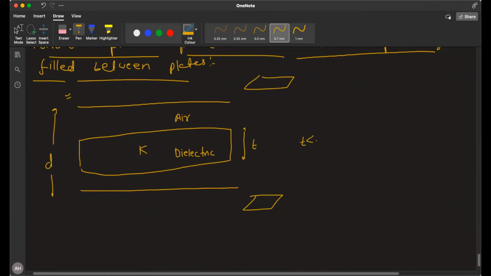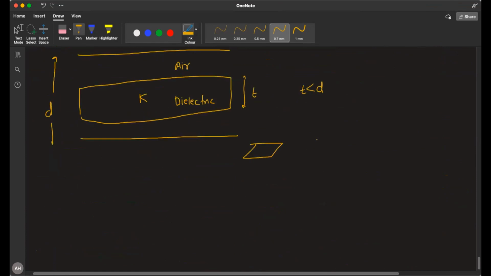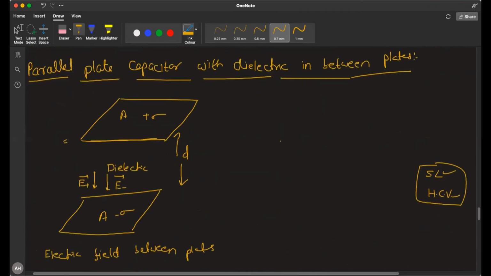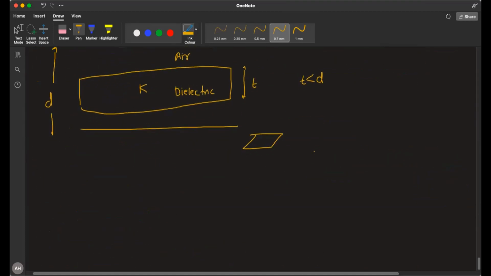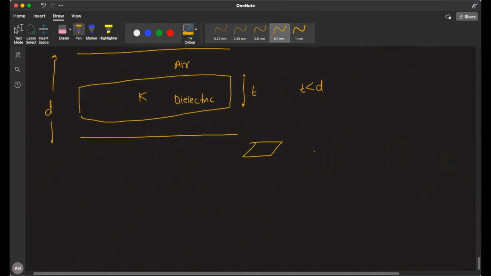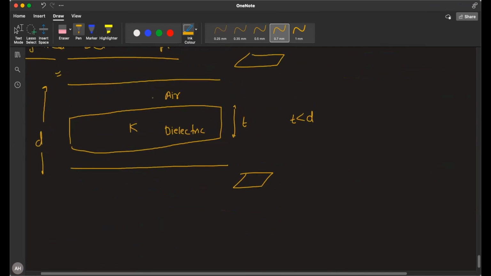T is less than D. So if I draw this diagram here, these are the plates of the capacitor. To calculate the capacitance of the system, you can write that this is air, this is dielectric, and this is air again.